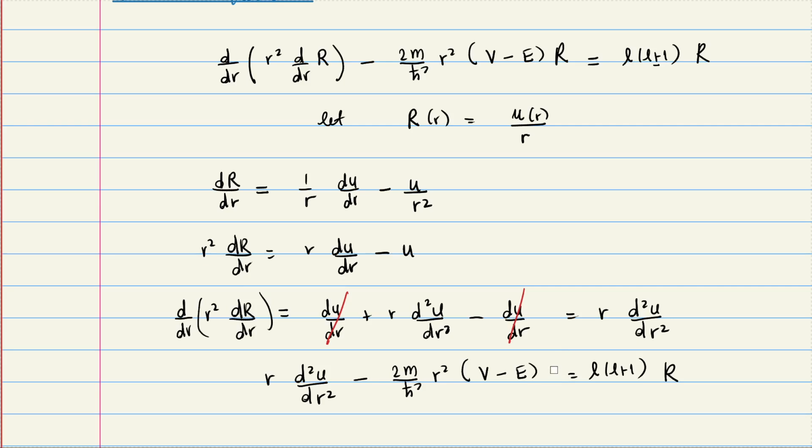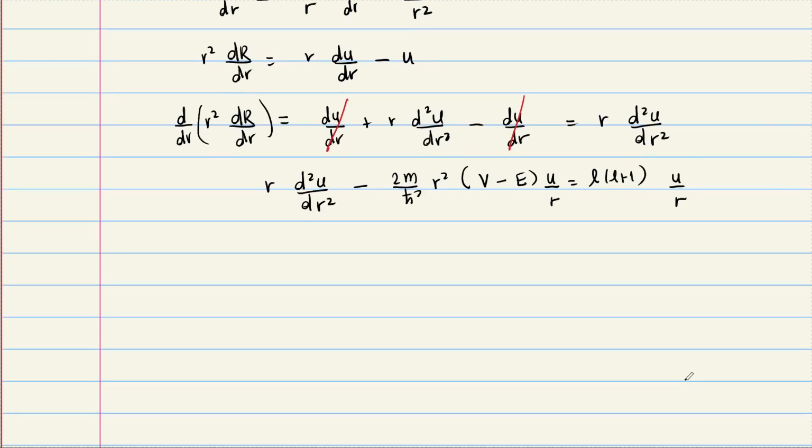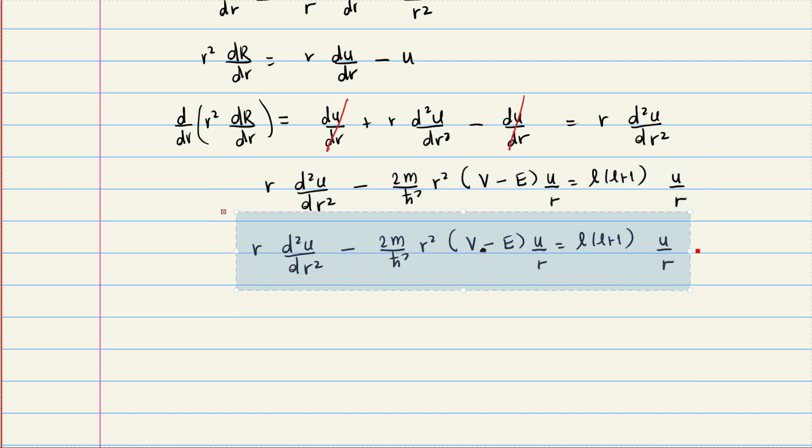So this R is u over r, and this R is u over r. Let me do it in two steps so that we can keep track. So cancel this, cancel that. Actually, this r and this r cancel, and this is r squared.